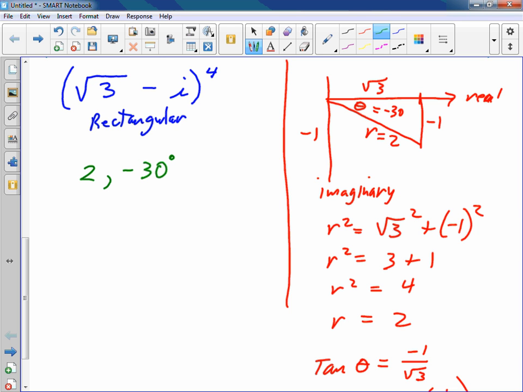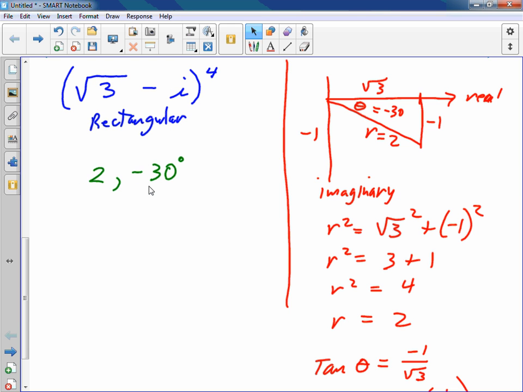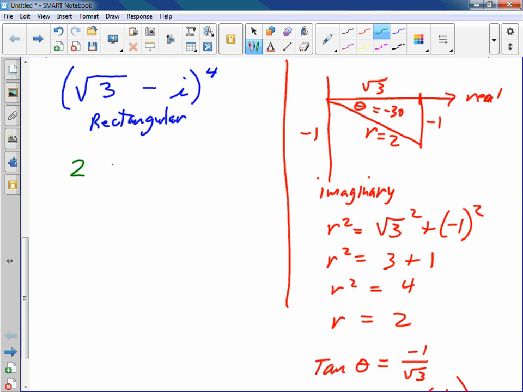Now, that's great, but we have to consider, because this is a negative 1i, not just a negative 1, that because it's an imaginary number and a complex number, in polar form this is 2 cis negative 30 degrees.